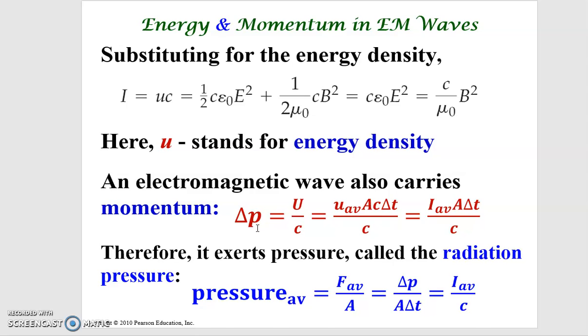If you remember that result from our previous semester, if you change the momentum, you will create a force, which is F average. So the change of the momentum will cause a force on the area acted on by the EM wave. So what is the average force?